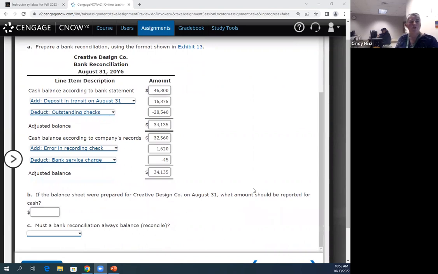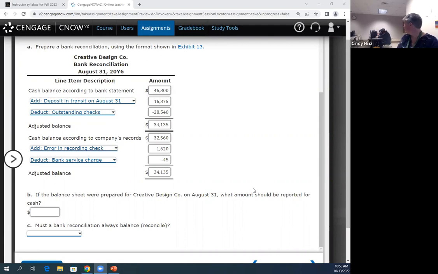If the balance sheet were prepared for Creative Design Company on August 31st, what amount should be reported for cash? What's the amount that you think we should have on our balance sheet? We've got a few numbers to choose from there. Remember, right now, it says 32,560.